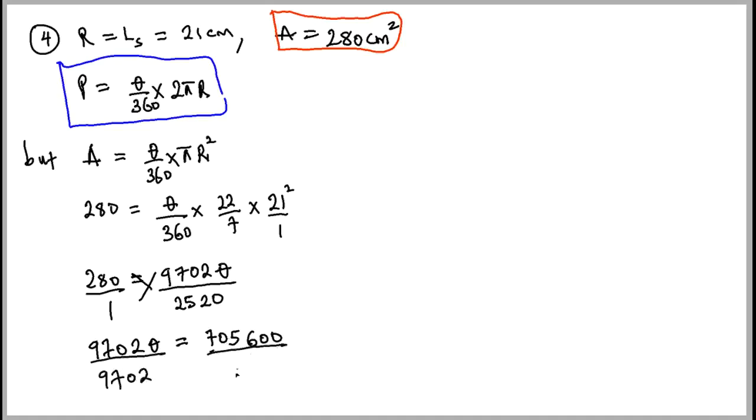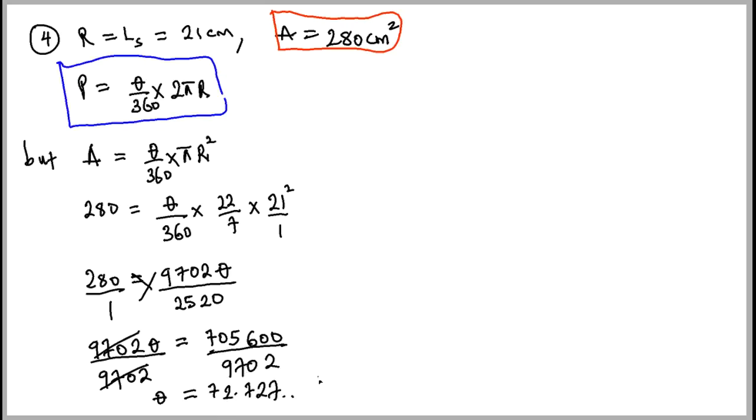To get my theta, I'll divide both sides by 9702, so that 9702 cancels out here. I have theta remaining. So 705600 divided by 9702 gives us 72.72727272 and so on. Let's round off to 2 decimal places.